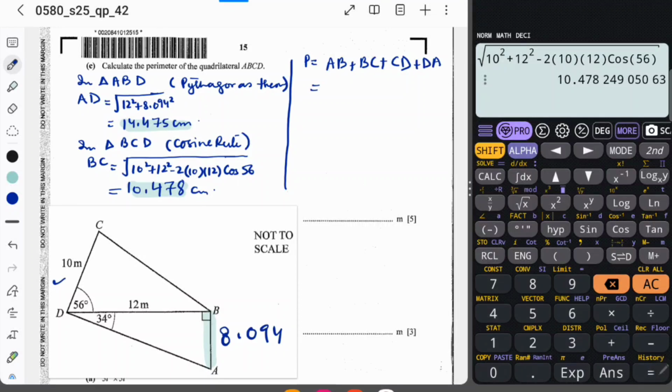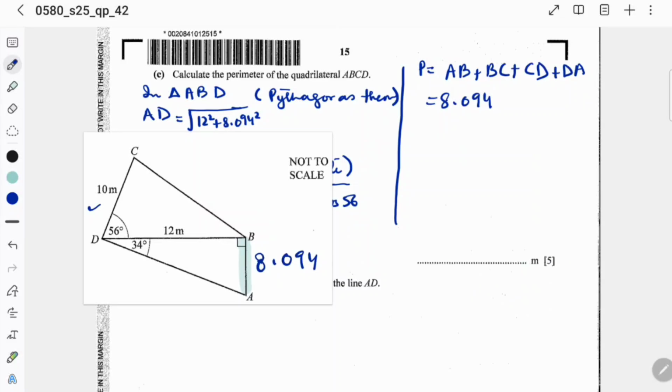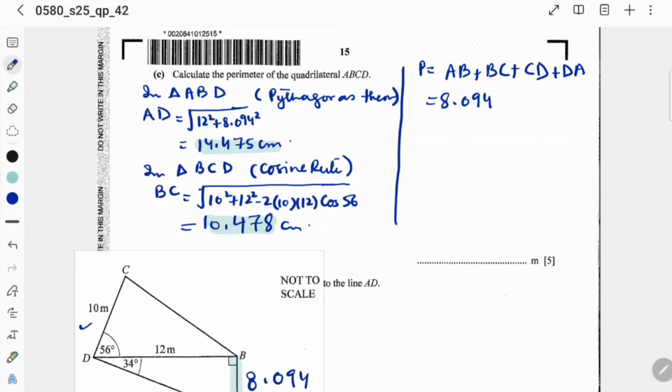So your AB is equal to 8.094. And your BC is 10.478.